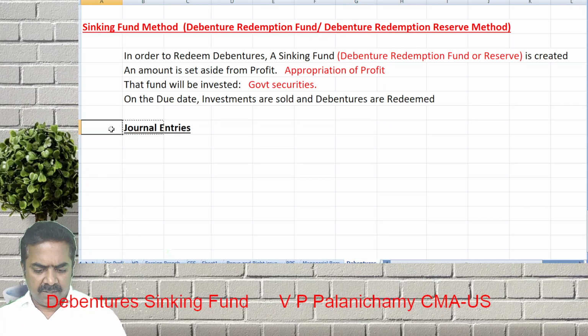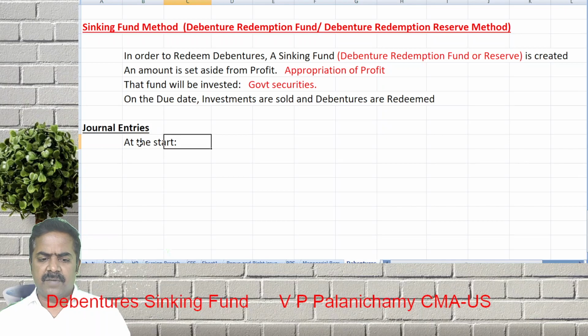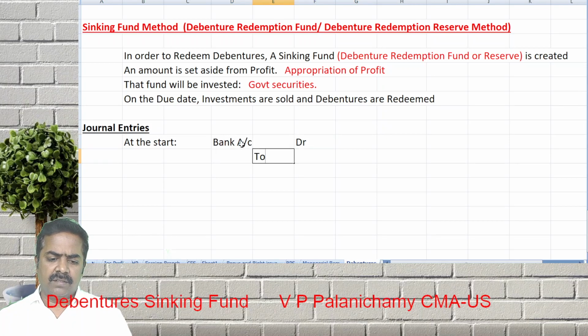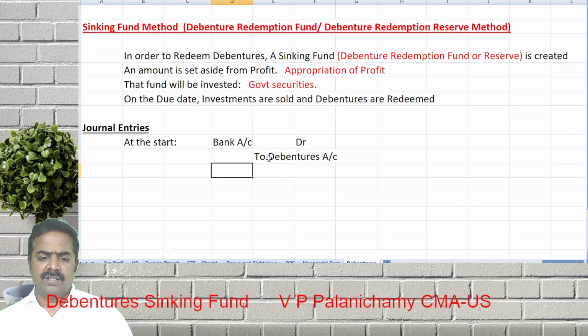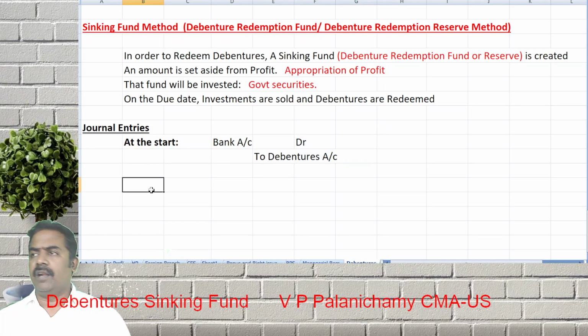At the start, when debentures are issued, the entry is Bank account debit to Debentures account. If there is a premium on redemption, you create that as required. Generally the entry will be Bank account debit to Debentures account. This is on day one.